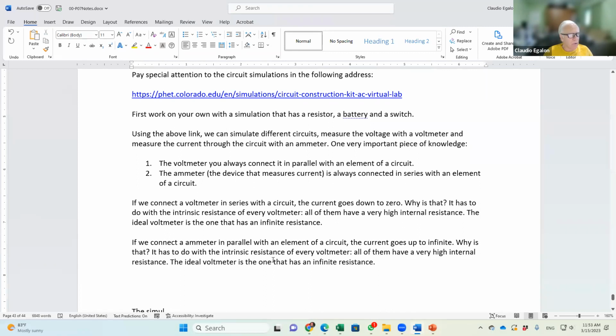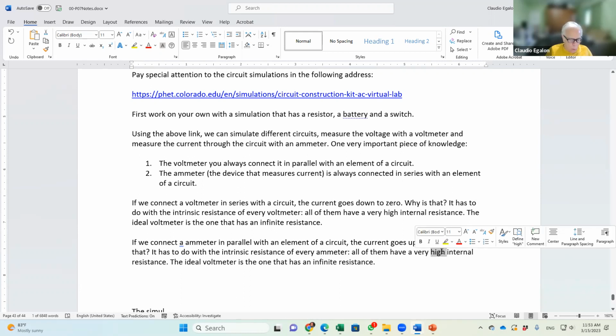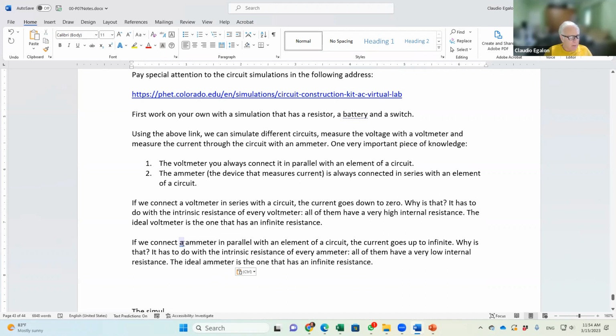It has to do with the intrinsic resistance of every ammeter. All of them have a very low internal resistance. The ideal ammeter is the one that has a zero resistance. But in practice, the resistance can never be zero. In practice, the resistance is going to be very low.